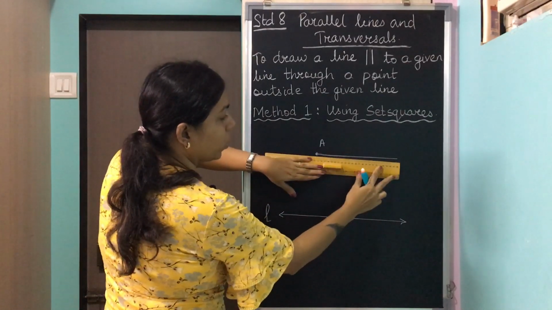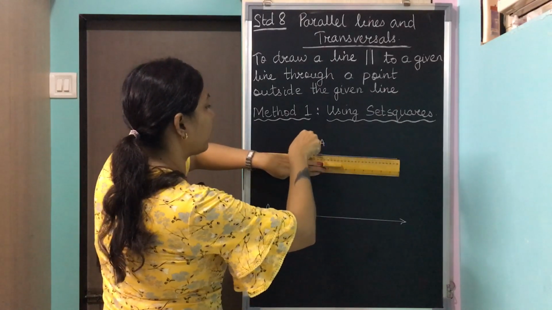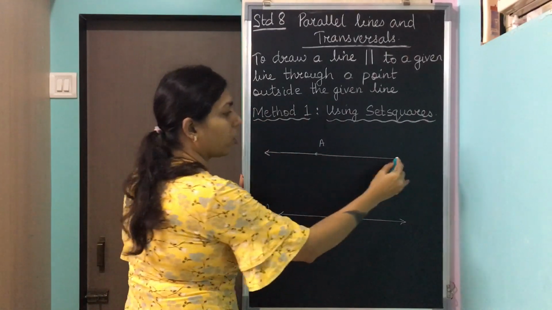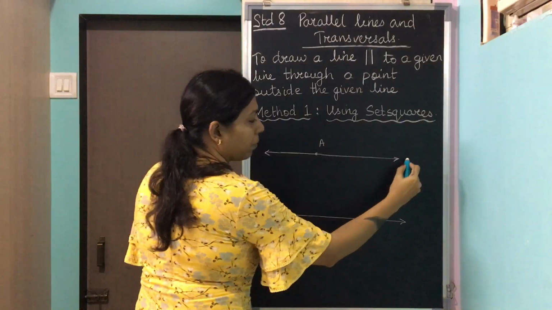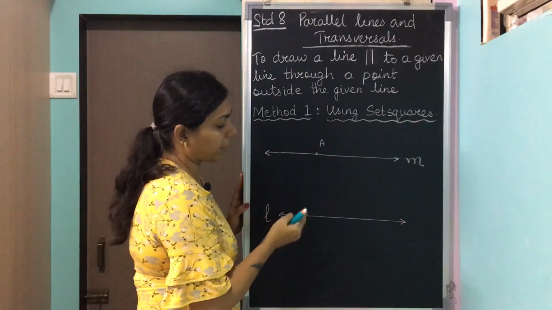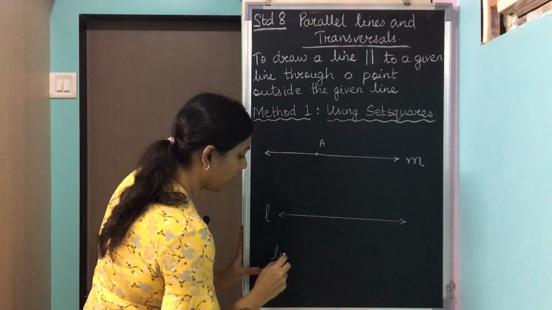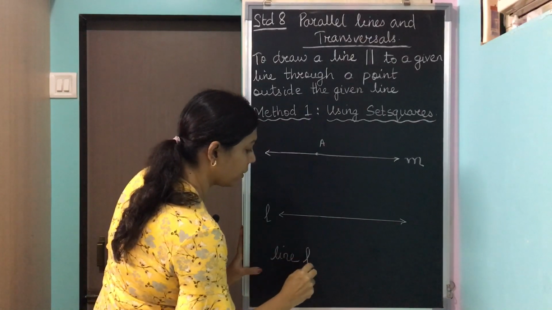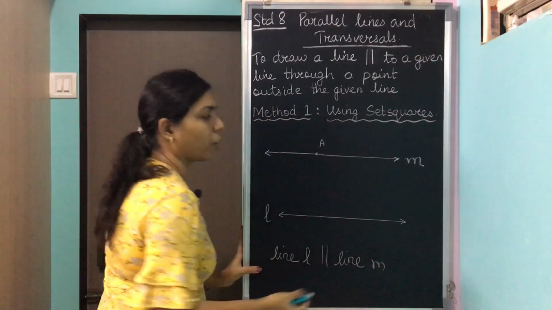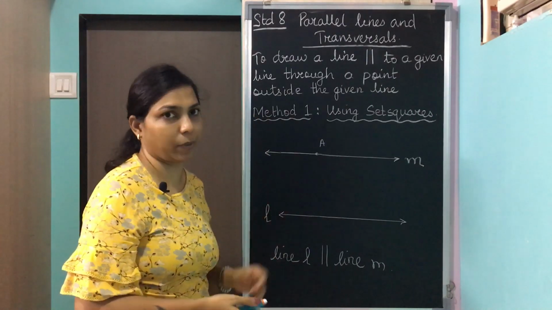So I'm just keeping my ruler straight against the line that we have already drawn, and we are now going to extend the line on this side. Okay, so now I have got a new line which is formed. Let's give it the name as line M. This new line is now exactly parallel to your previous line, which is line L. So we write down line L is parallel to line M. Okay, so this is how you have to do this first construction. Please copy this down and do this particular construction, please.